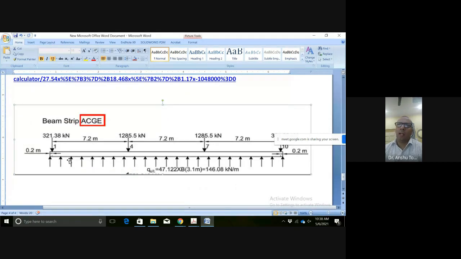Now students, please tell me the shear force at different points. You are third year engineering students. I want to know the shear force on the left hand side of this particular loading.